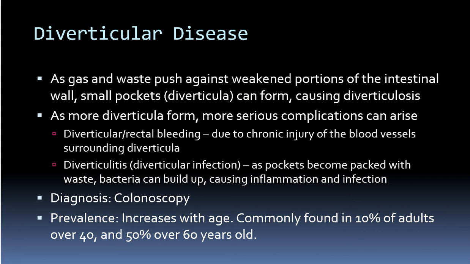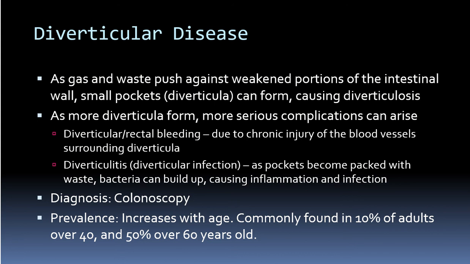Diverticular or rectal bleeding is due to chronic injury of the blood vessels surrounding diverticula. So as those pouches form, blood vessels can get damaged, causing diverticular bleeding or rectal bleeding.